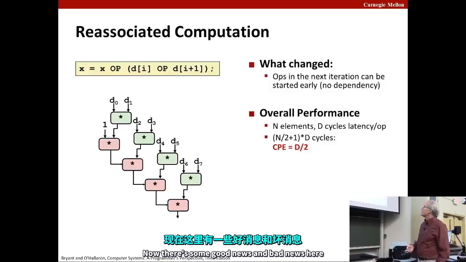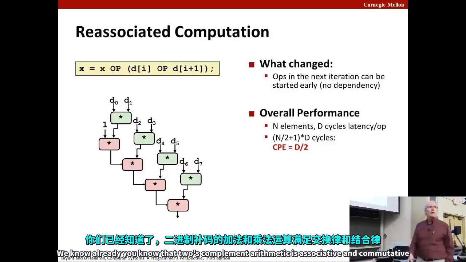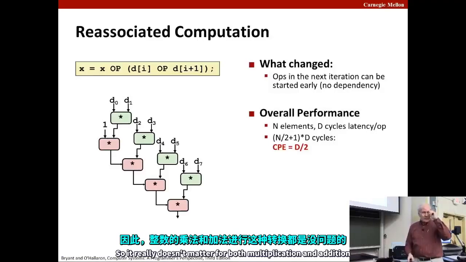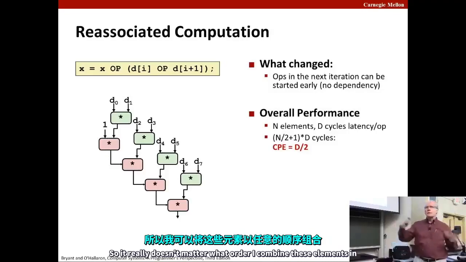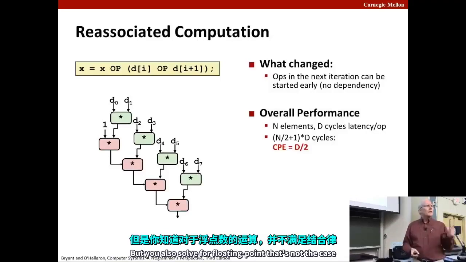Now there's some good news and bad news here. The good news is if this is integer arithmetic, we already know that 2's complement arithmetic is associative and commutative, for both multiplication and addition. So it really doesn't matter what order I combine these elements in; I'm going to get the exact same answer no matter what. But you also saw that for floating point that's not the case.